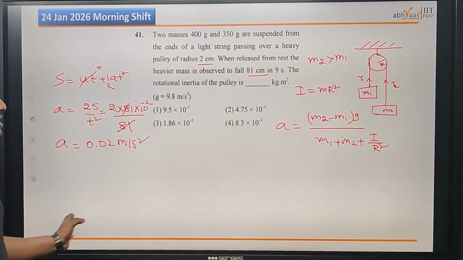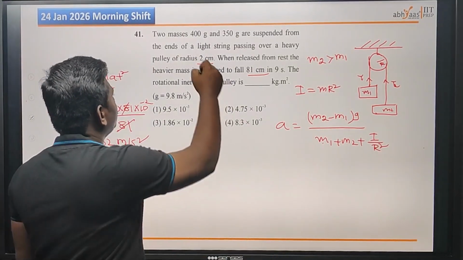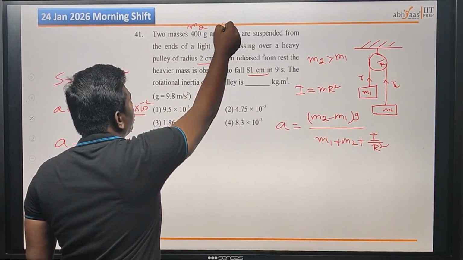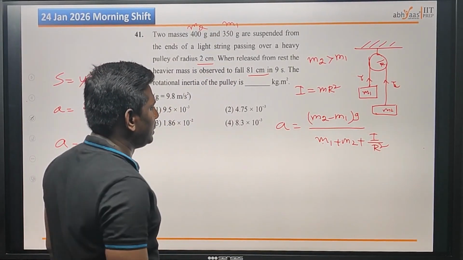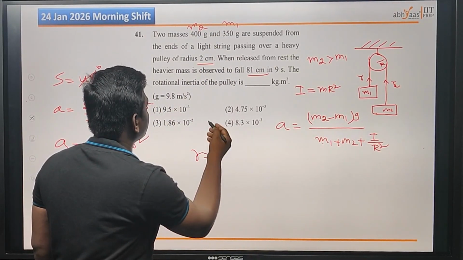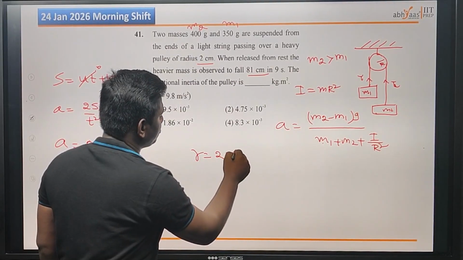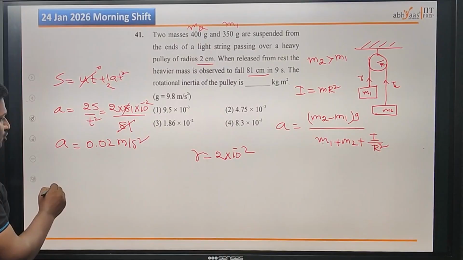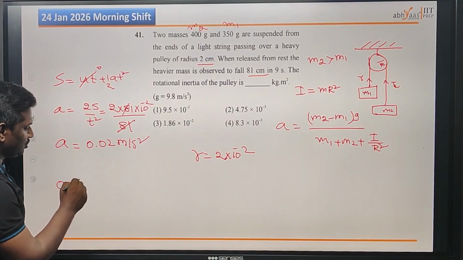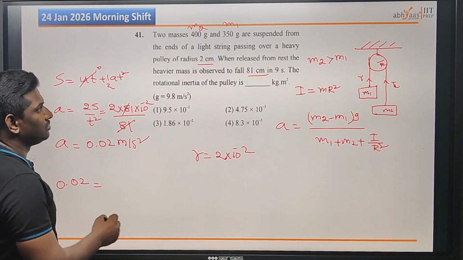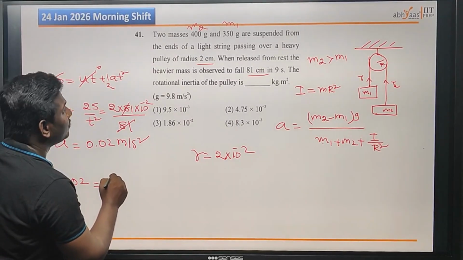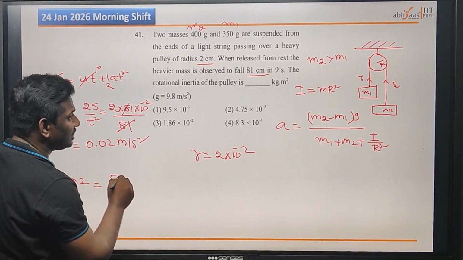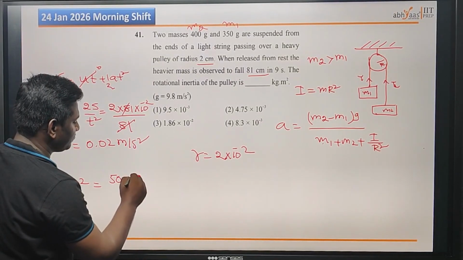So substitute in this equation and take this m2 and m1, and r can be written as 2 into 10 to the power minus 2. I am writing here, 0.02 equal to m2, that is nothing but 400 minus 350, that is 50 into g, that is 10.